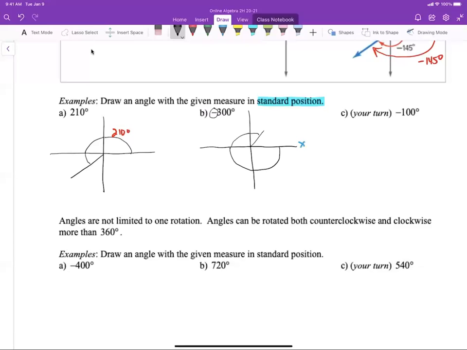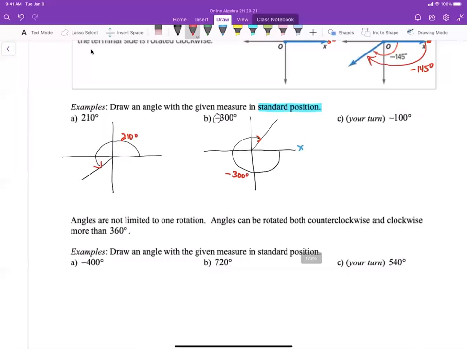If I went a full circle, that would be 360, and so I'm in the first quadrant, and I should show the direction that I turned here. That will be negative 300 degrees, starting from the positive x-axis.